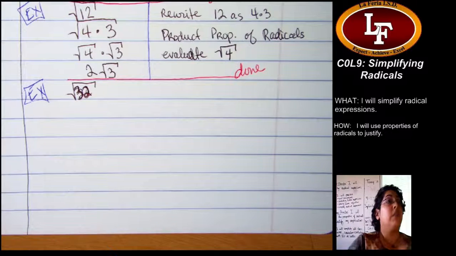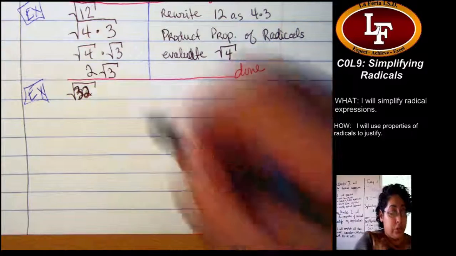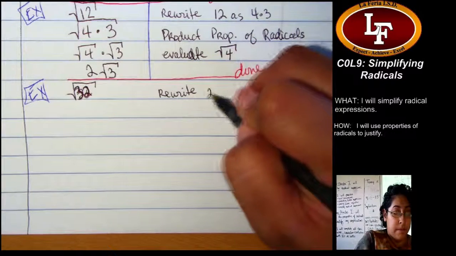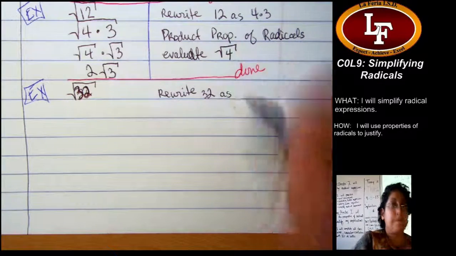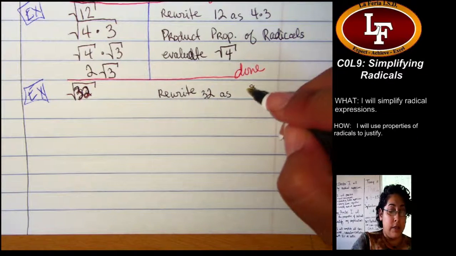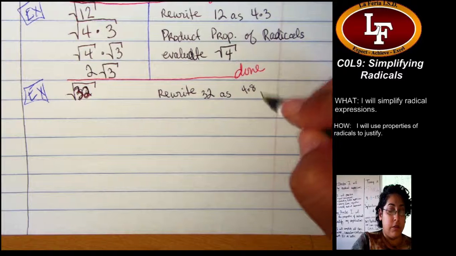Here we go. Can we write 32 as two factors? Yes. Which ones? 4 and 8. We can do 4 and 8. 16 and 2. We can do 16 and 2.